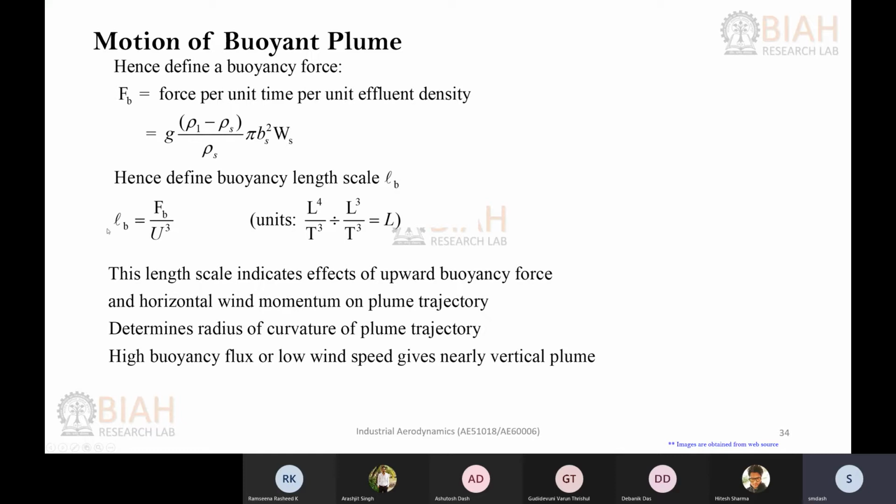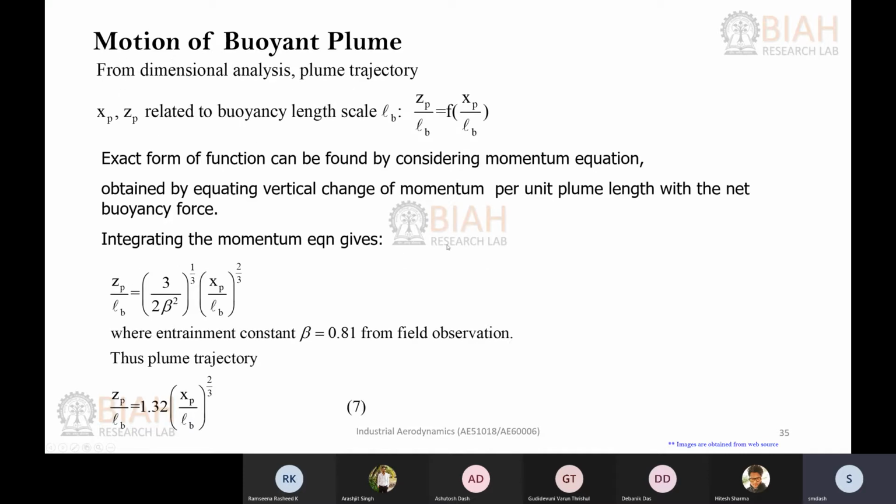So from that you can define a buoyancy length scale, and using that you can find out the trajectory of the plume as you are moving away from the stack, which can be written with xp as the x direction coordinate as you move away, and zp as your vertical coordinate. Without going into the detail of the derivation, the momentum equation and all, we just saw the final results. These are the final results that relate your zp and xp with this buoyancy length scale.